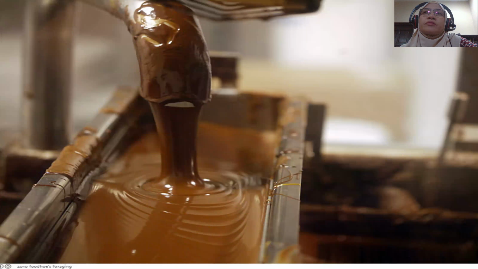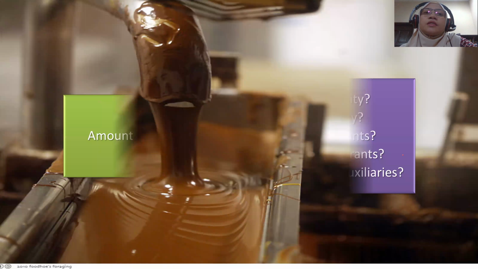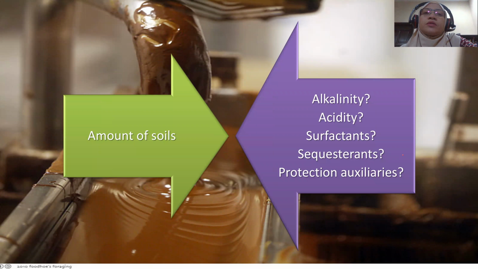Other than the type of soils, we need to consider the amount of soils to be removed too, as this will determine the cleaning degree in terms of the alkalinity, acidity, the need of surfactants, sequestrants, and protection auxiliaries.